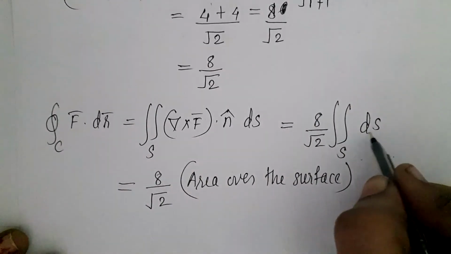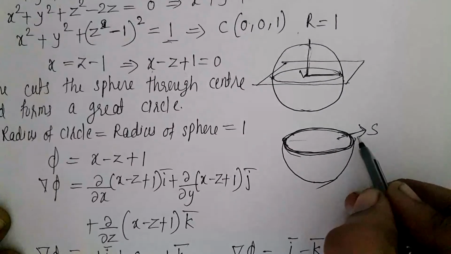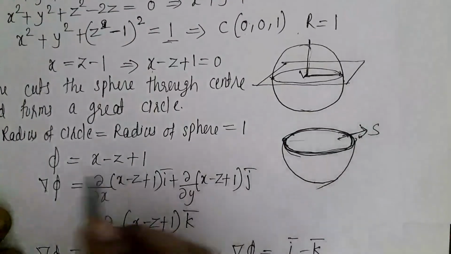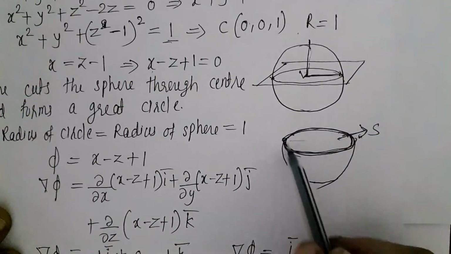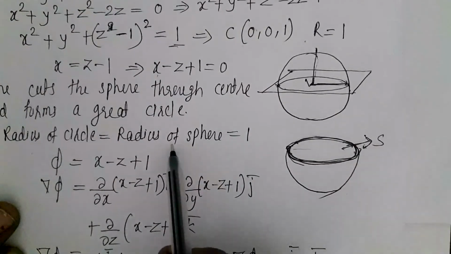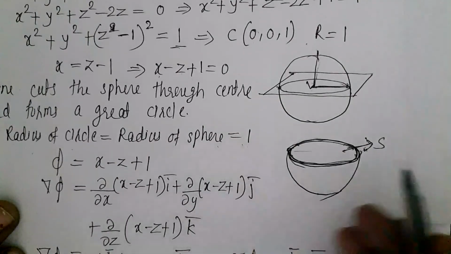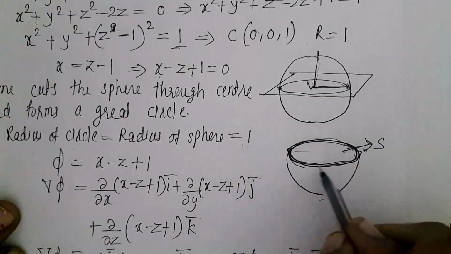Now this surface S is the same as the surface of a circle. The radius of the circle is the same as the radius of the sphere, and that radius we know is equal to 1. So this surface is the same as the circle.